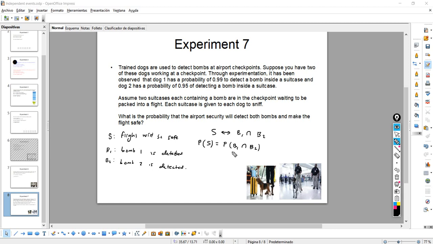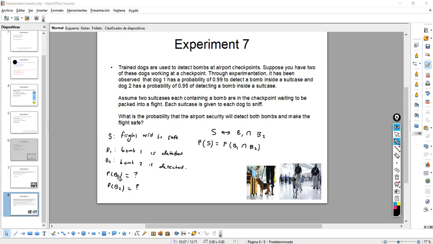Perfect. Now, how can I find the probability of B1 and the probability of B2? How can I find these two things? Can I also rephrase each of these events in terms of other events for which I know the probabilities? Yes, we can.